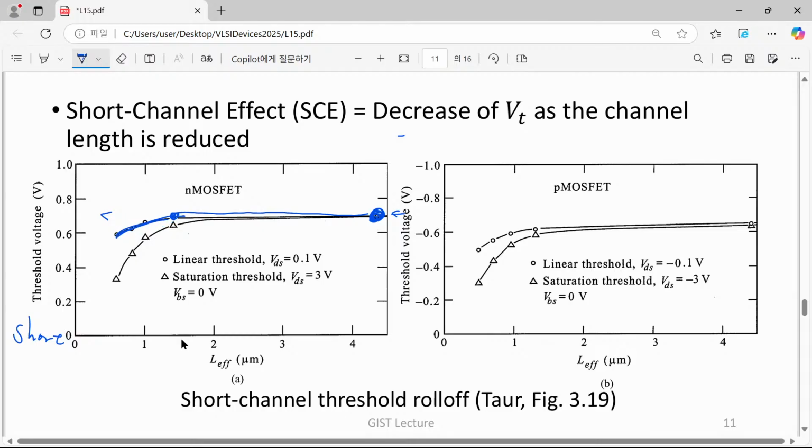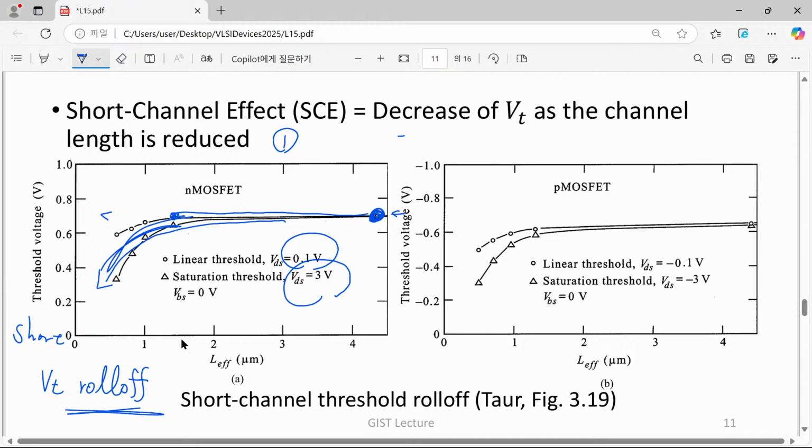Well, please be careful. From now on, please concentrate. Here we have two different curves. One curve is corresponding to low drain bias, and another curve is corresponding to high drain bias. So you have to understand these 2 points. One, usually this kind of behavior, the reduction of threshold voltage, is called threshold voltage roll-off.